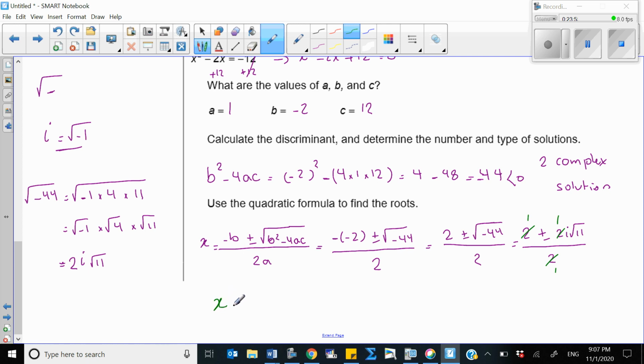So our x is 1 plus i radical 11. That's one of the roots. And the other one is 1 minus i radical 11. So these are our two complex solutions. Why do I call this a complex solution? Because it's the complex of 1 plus, like a real number plus an imaginary number. That's why we call them complex solutions.